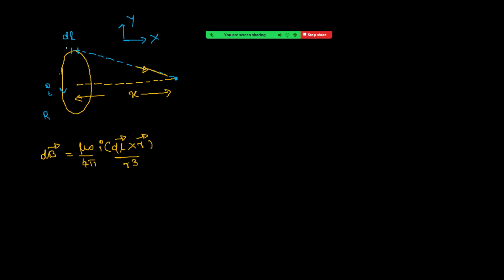Here the current is towards us, so keep the thumb of the right hand towards us and curl the fingers. Then the curling fingers will be normal to this plane. This is the direction of B bar, this is dB bar.